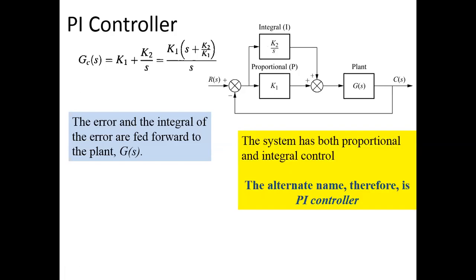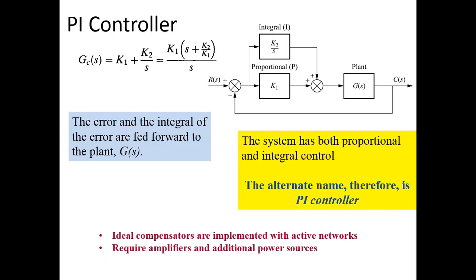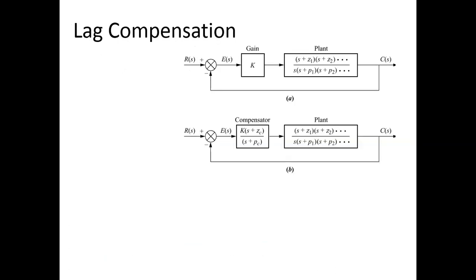The system has both proportional and integral control, so the alternate name is PI controller, and it is widely used in different control system applications. Ideal compensators are implemented with active networks, which require amplifiers and additional power sources.